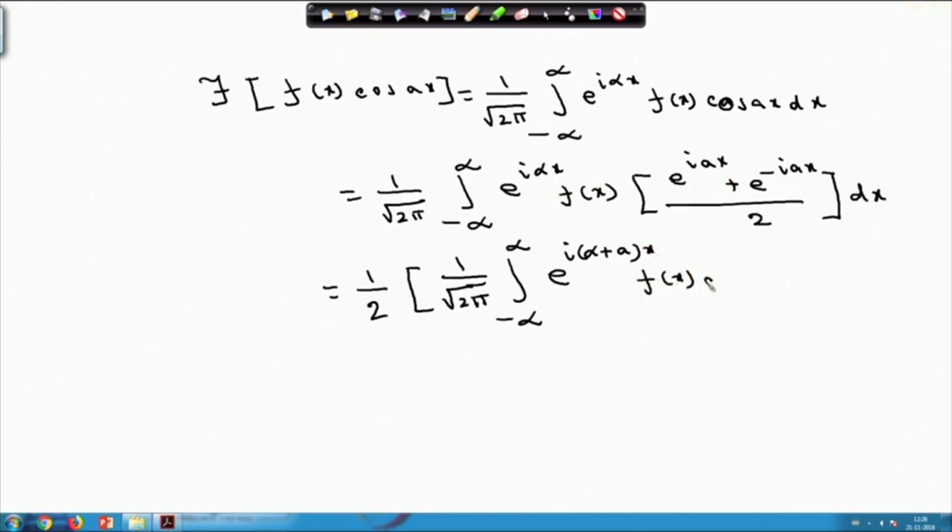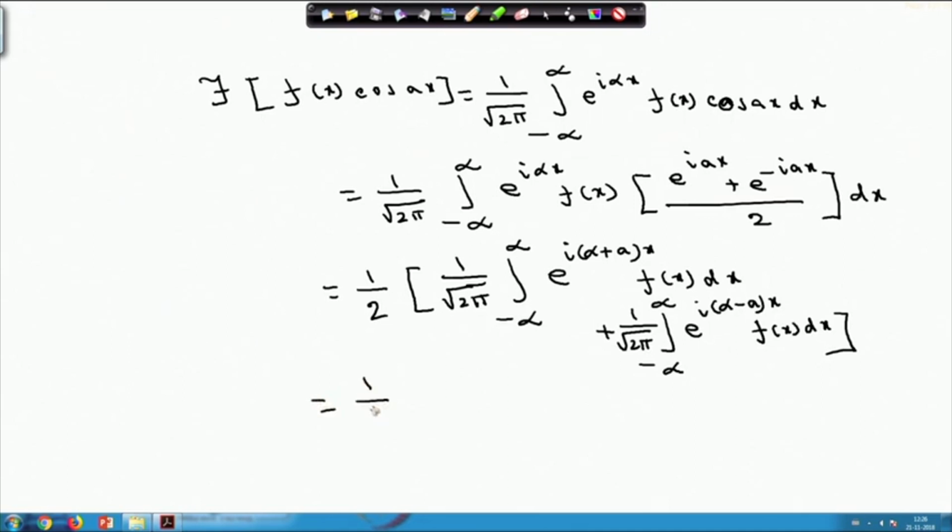This is one term. The other term will be 1 by root 2 pi, integral from minus infinity to infinity, e power i into alpha minus a into x, f x dx.